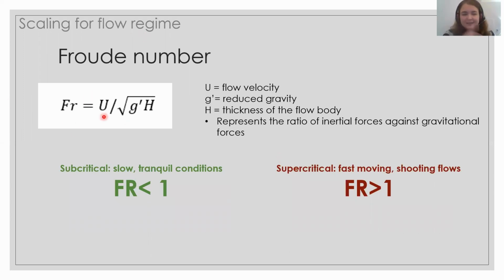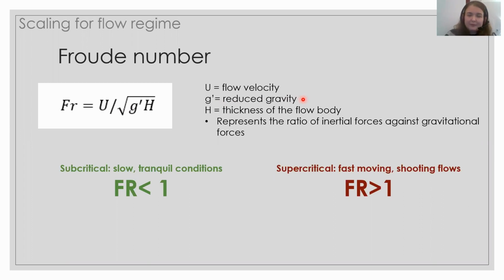The only difference between the equation for the Froude number in open channel flow and for turbidity currents is basically that we are working with a reduced gravity. Why a reduced gravity? Because our turbidity current and the ambient water around it basically don't have a big density difference.